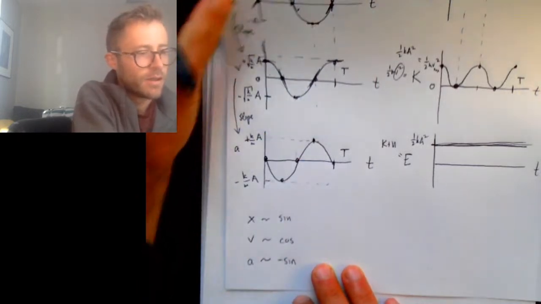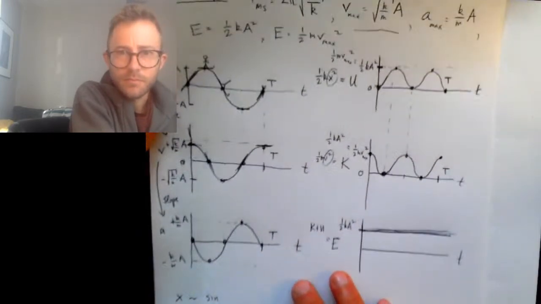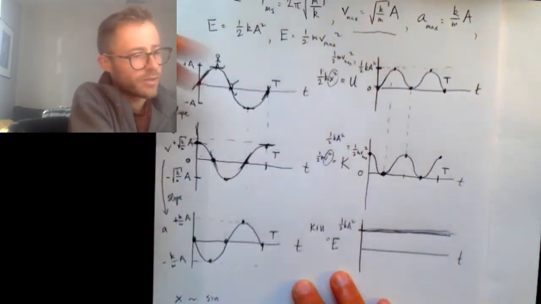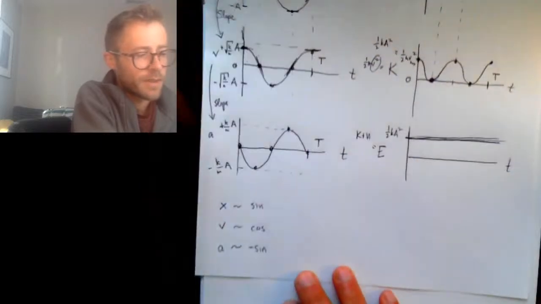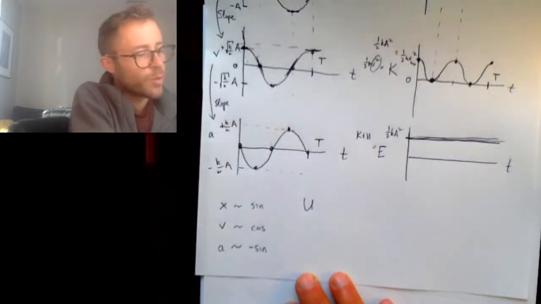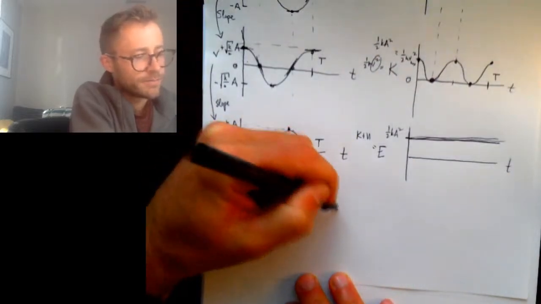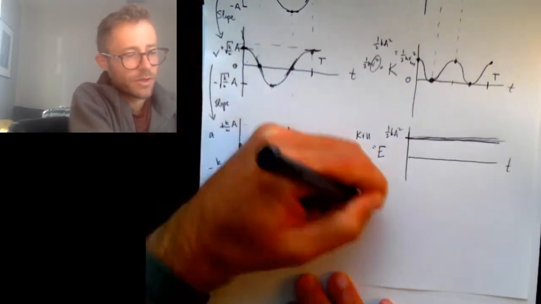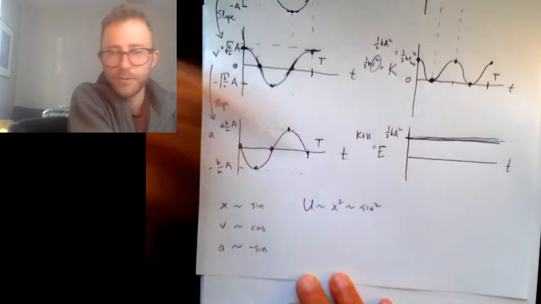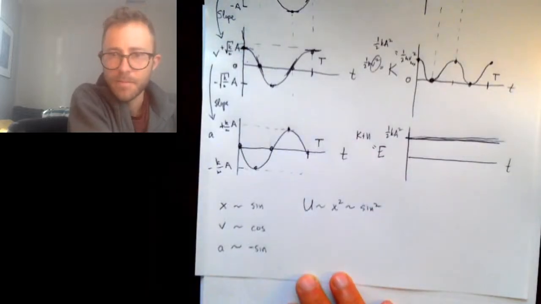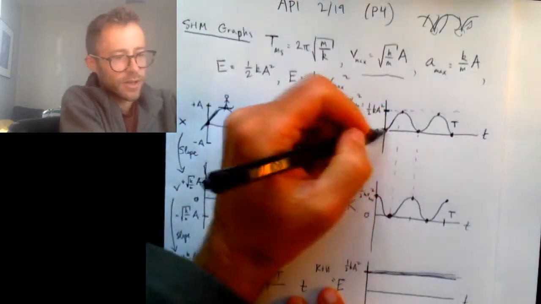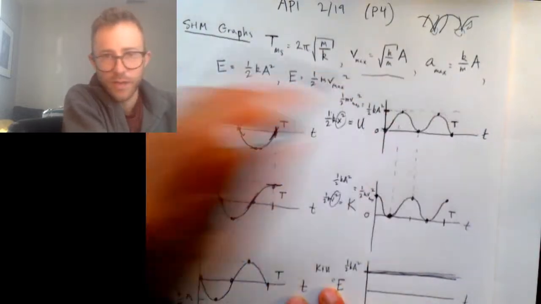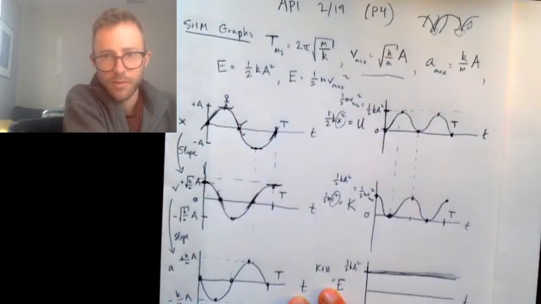So that's nice. Then we can see to get the potential energy, I have to square the position. So the potential energy graph is going to look like sine squared. Okay? And in fact, if you plug sine squared in the calculator, it looks exactly like this. Okay?